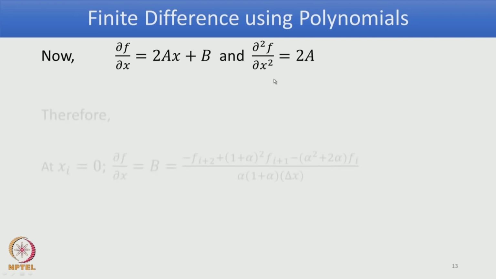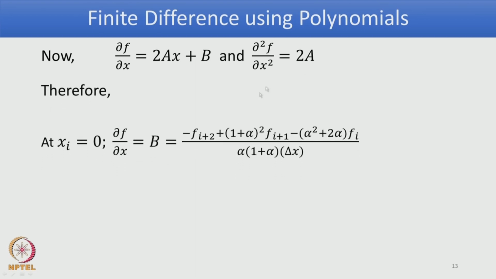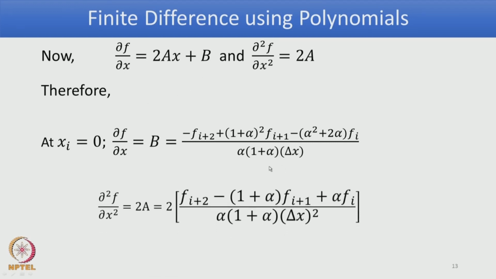Subsequently you get the first derivative evaluated at x of i, because that is the point of interest. At i, x has a 0 value, so if you substitute that, the term is only b for the first derivative, and that is shown here. Similarly, for the second derivative, it is 2 times a, and you already evaluated the coefficient value for a, and you substitute, you get this.